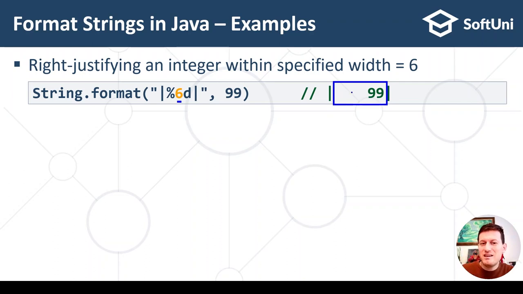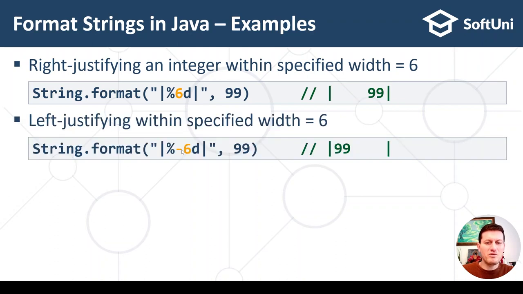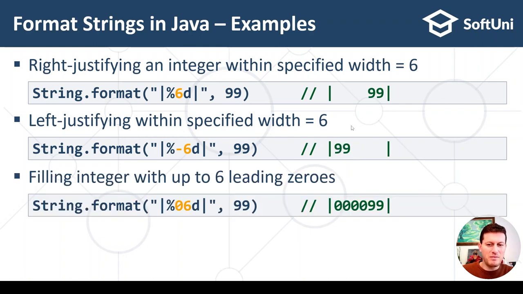And if the result is less than 6 characters, there will be spaces up front. So it's a right alignment. So %-6d means to do the same, but to leave the spaces at the right. Of course, if we have more than 6 digits here, there will be no spaces and everything will be displayed.